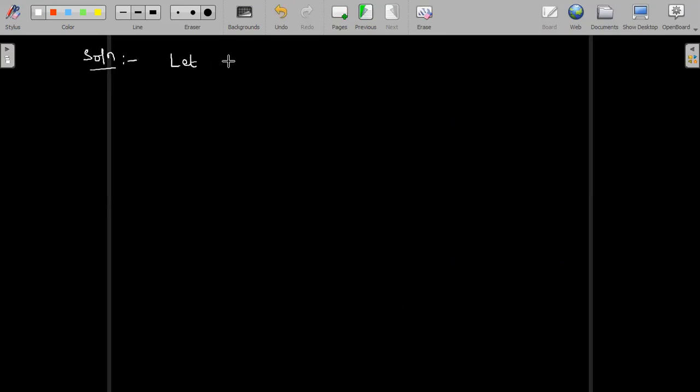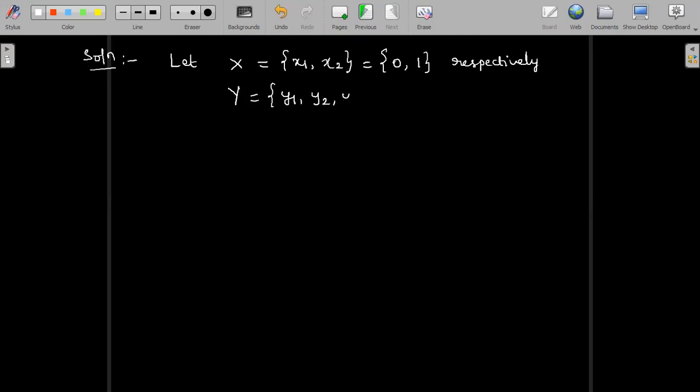So let us firstly assume x values given as x1, x2, which are 0, 1, and similarly let us assume capital Y values given as y1, y2, y3 and one more value y4, which are respectively 0, 1, 2, 3.